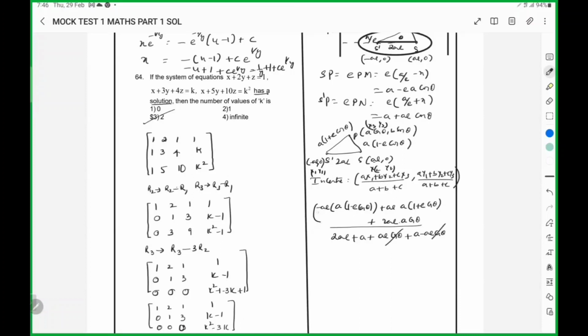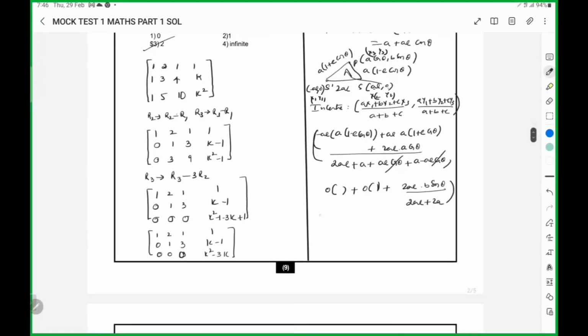This is only the X coordinate. For the Y coordinate, 0 into the opposite side, plus 0 into the opposite side, plus 2AE into B sin theta, by the same a plus b plus c, that is 2AE plus 2A.